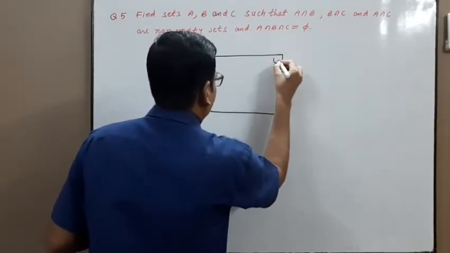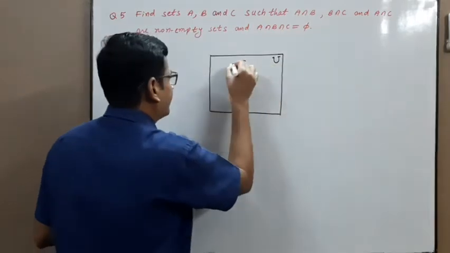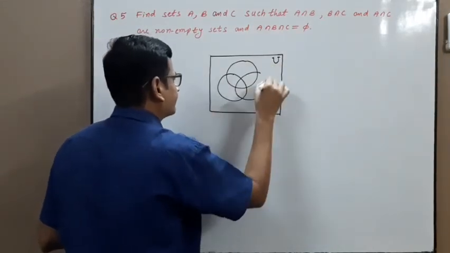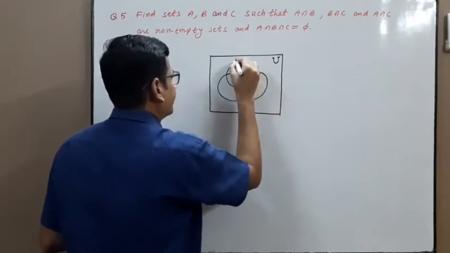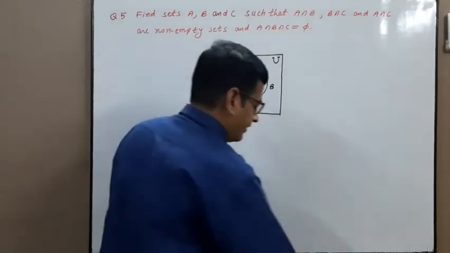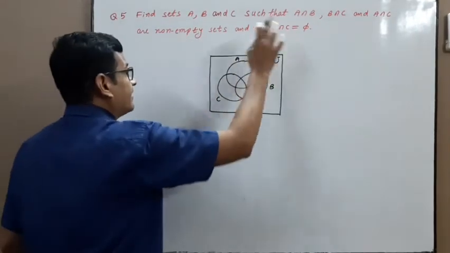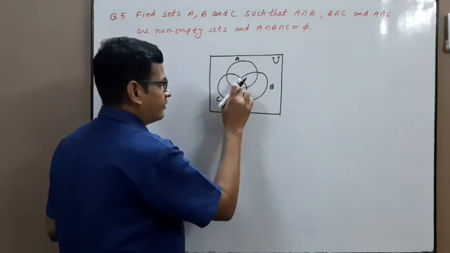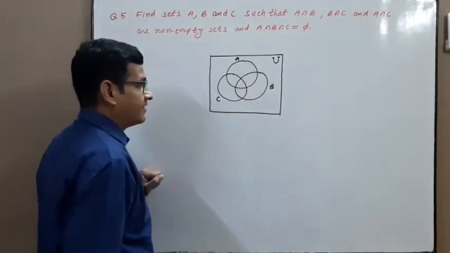Draw the Venn diagram. This is the universal set. Set A, set B, set C. A intersection B intersection C equal to 5. So don't write any element in this portion. So this portion is A intersection B intersection C.